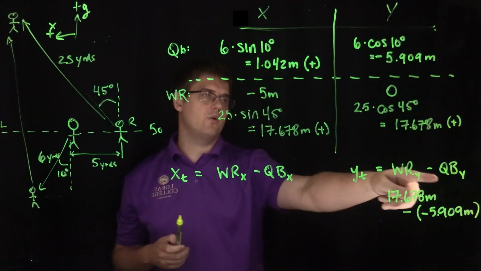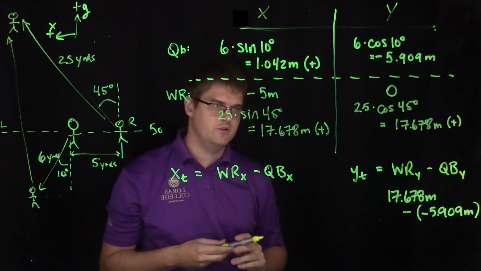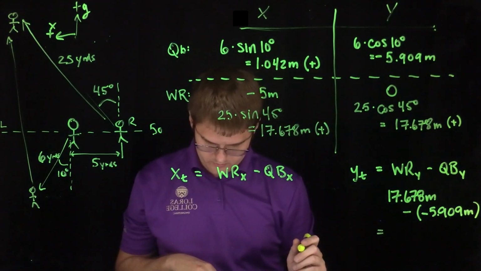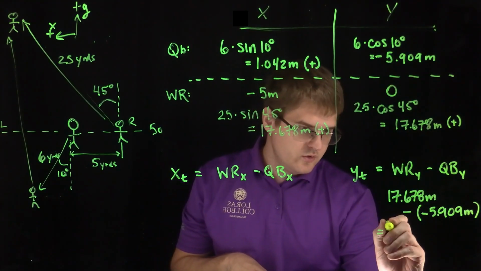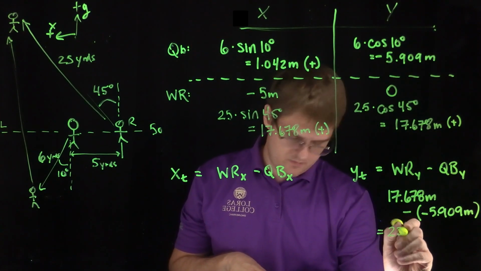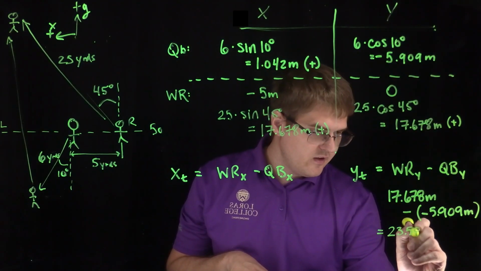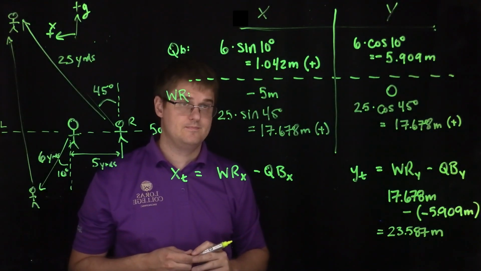So we're like, oh no, the quarterback's actually making it further. That's because the quarterback is going in the negative direction. So that comes out to our y total of 23.587 meters. Okay?